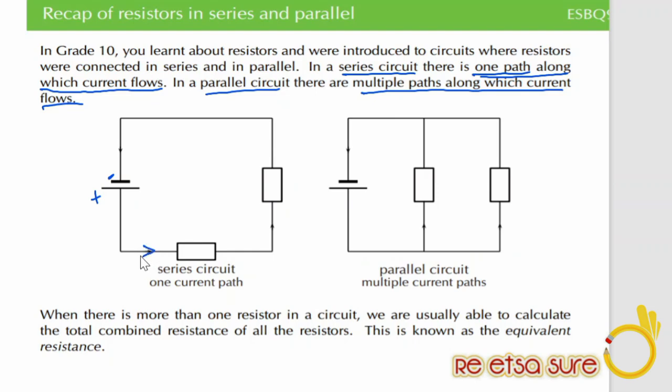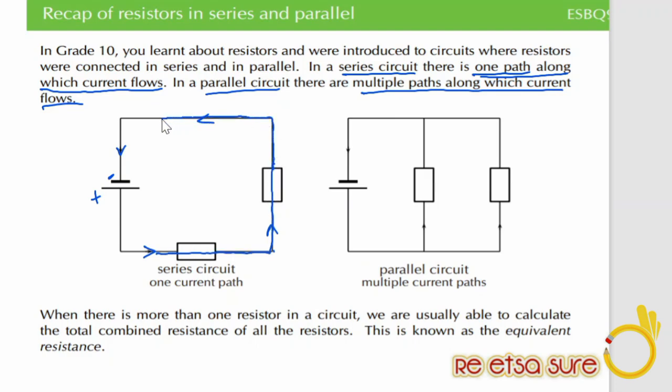As we can see here, we have the arrows. This arrow indicates that the current flows from this side, and then it passes through this resistor, and then here it passes through this resistor. This is the direction of the current flowing throughout our circuit. The current flowing through this resistor is the same as the current that passes through this resistor.